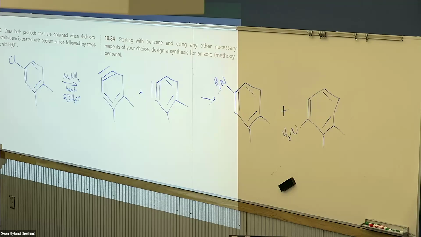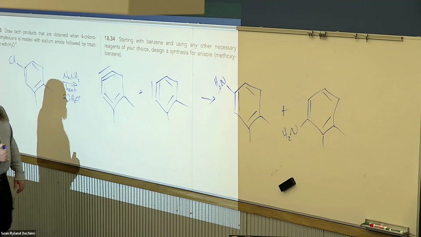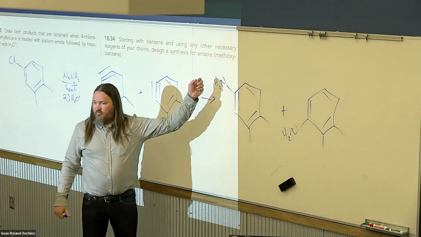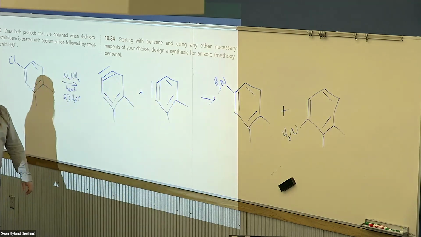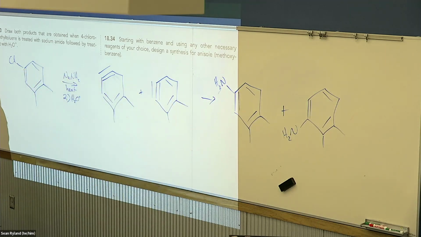And since it is followed up with treatment with H3O plus, it actually wouldn't be incorrect to put NH3 with a positive charge on both of these, the protonated amine salt. But I wouldn't mark either of them down, since we don't usually draw our final products as charged.